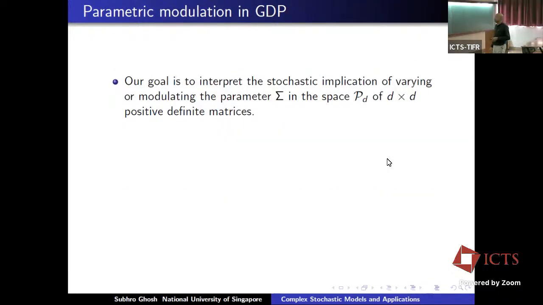So we are now dealing with the space of d cross d positive definite matrices. It's a much smaller space than the full space of general kernels, but still it is reasonably big. It's of the order d squared dimensions. So we want to still further reduce to some specific kinds of modulations which are going to have nice structural implications for the point process.